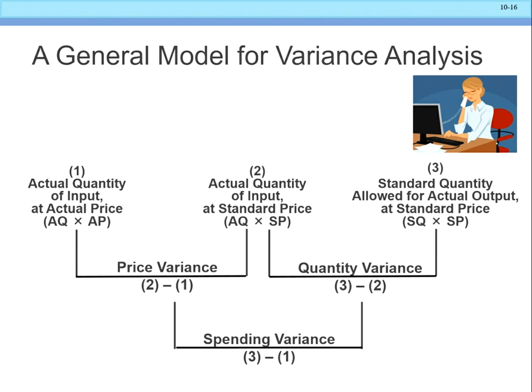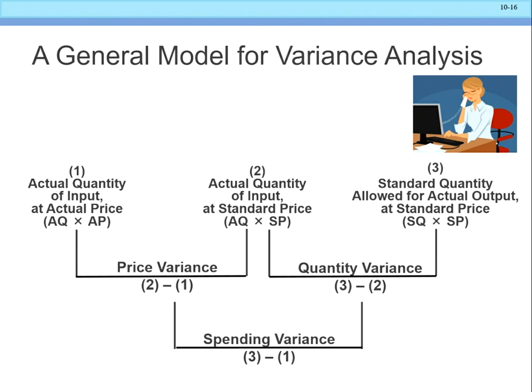So the actual quantity of input at standard price is the flexed budget total. We deduct the actual, then we have the price variance. Normally in this case, we are saying 2 minus 1. Sometimes it can be 1 minus 2.